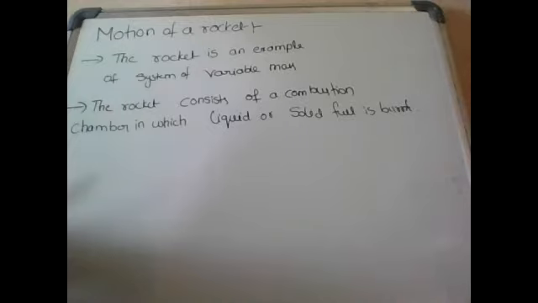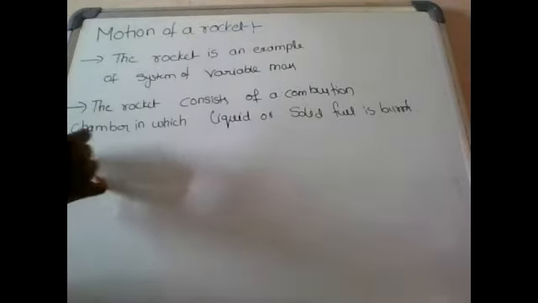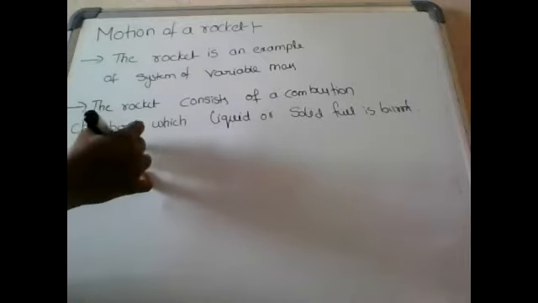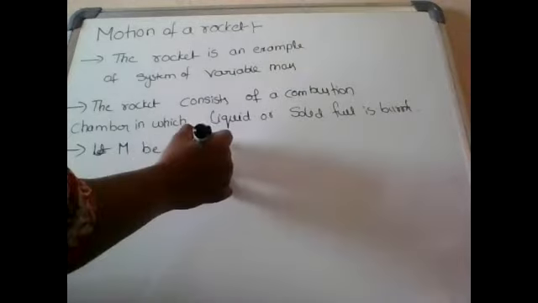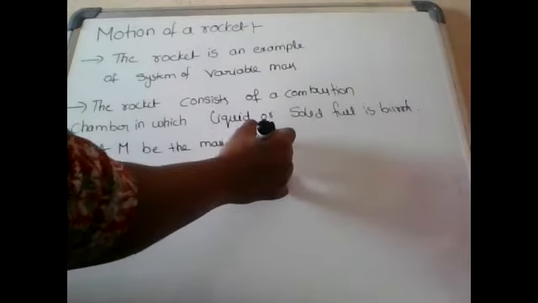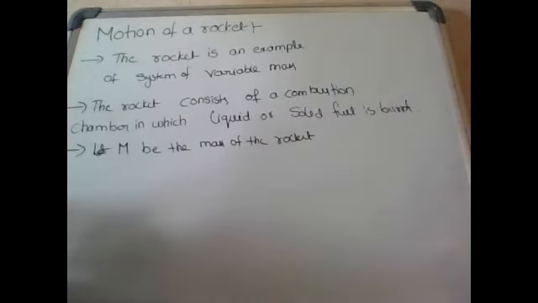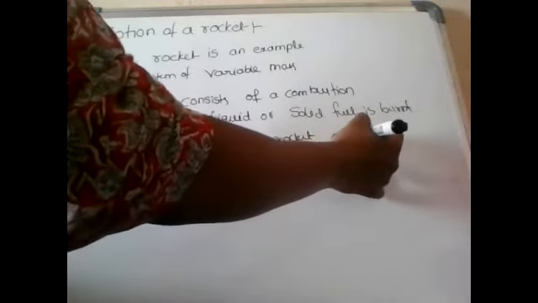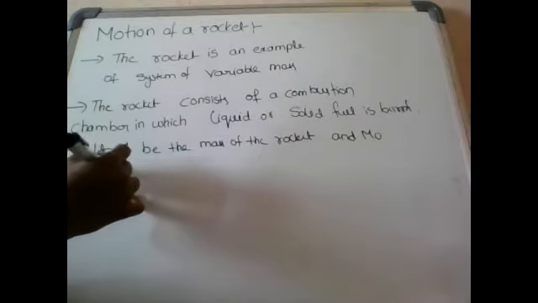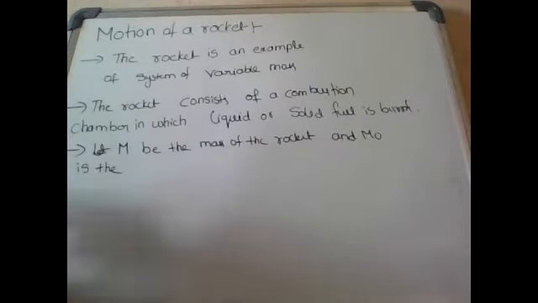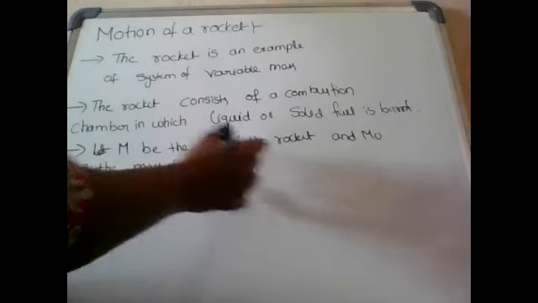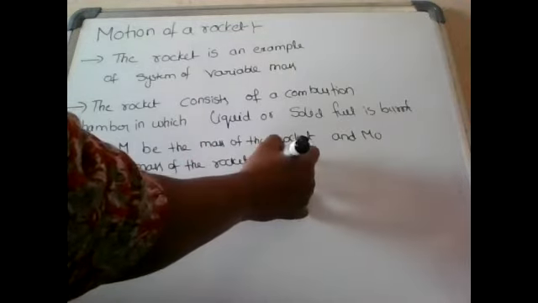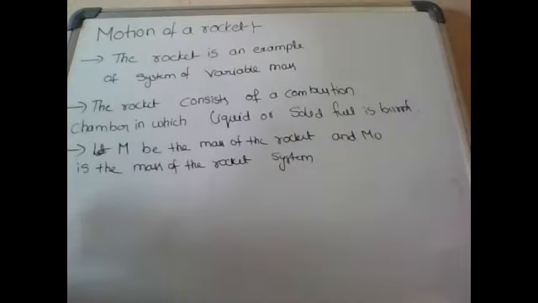Here let capital M be the mass of the rocket and M naught is the mass of the rocket system including fuel.